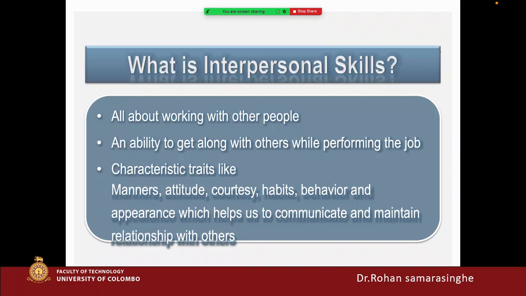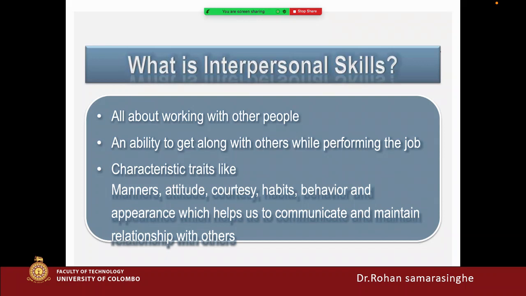You know what manners are? Attitude: don't criticize one person with the others, or the listener will get a bad image about you. And courtesy and habits, you have to have good habits and behavior.